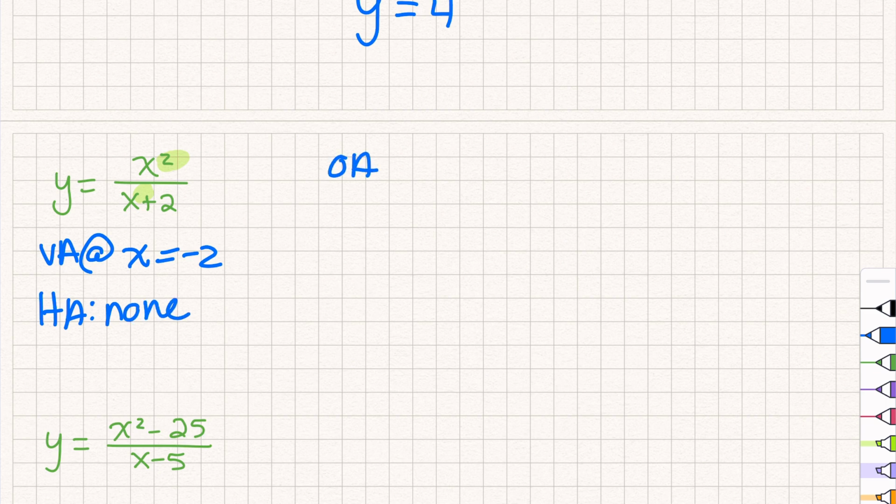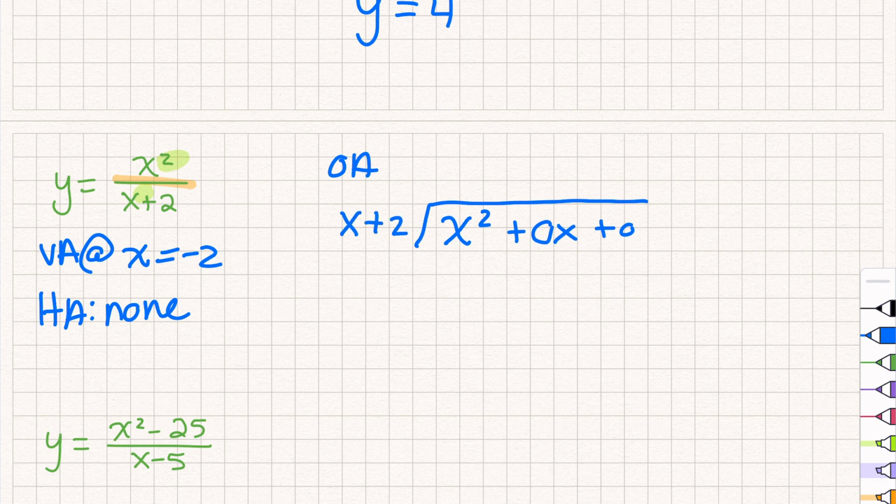So how do we find the oblique asymptote? We're going to take our function x squared over (x plus 2), and we're going to divide. We know this is division. So we have x squared, and remember, we need placeholders for 0x and for the constant, and we're going to divide by x plus 2.